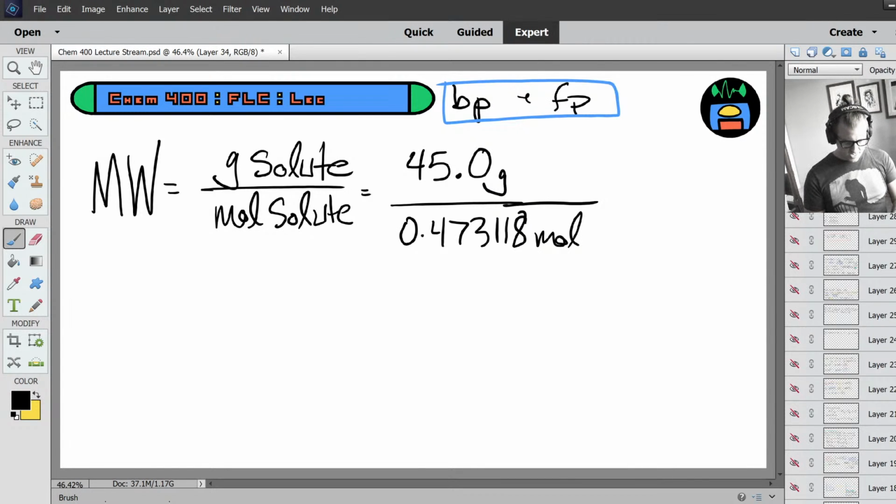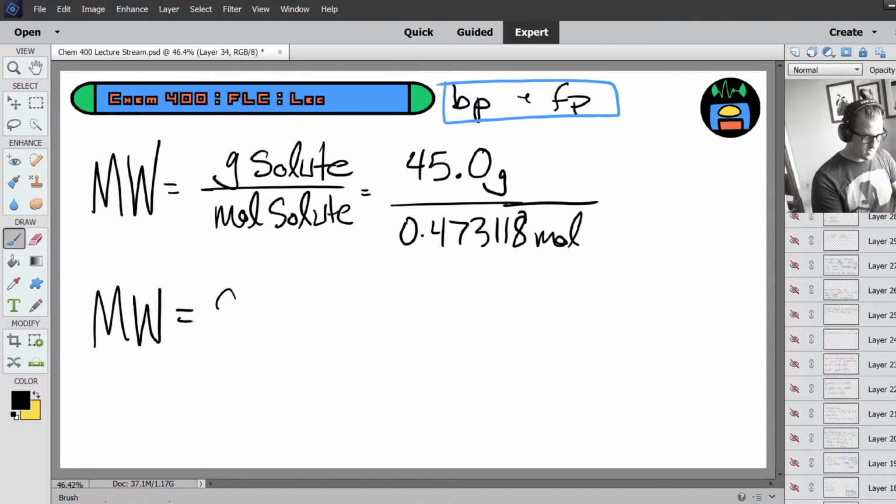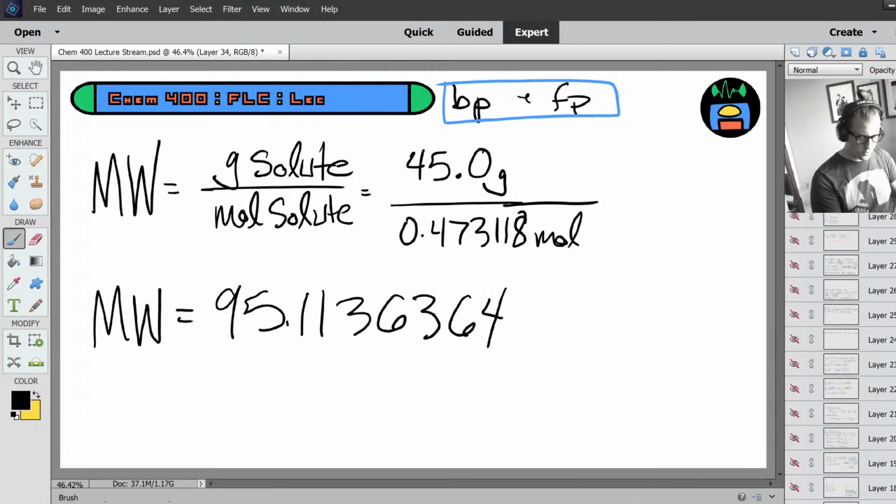And now we just divide one by the other. So the molecular weight of our weak acid is 95.1136364, and our denominator has 3 sig figs.